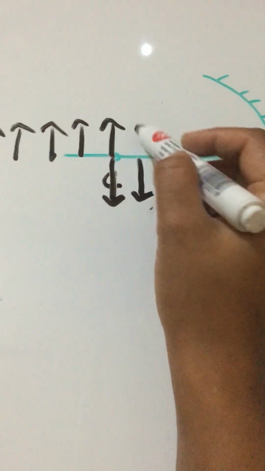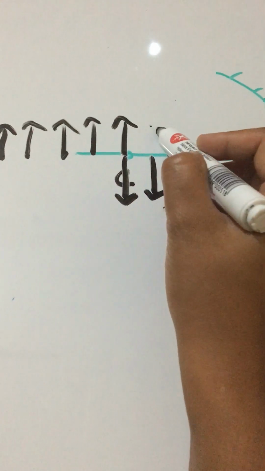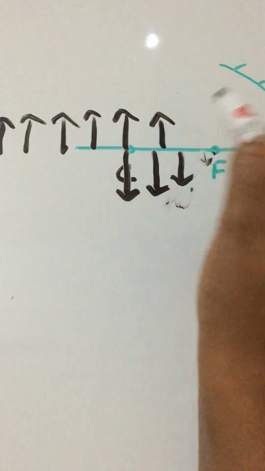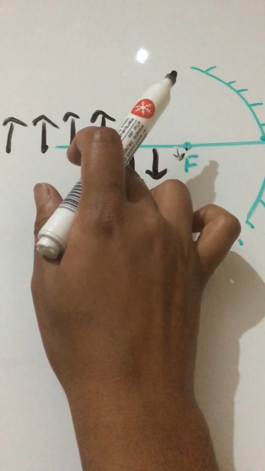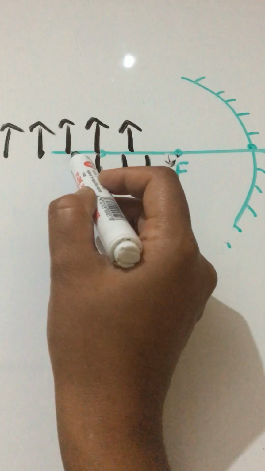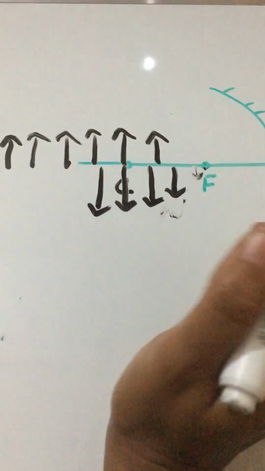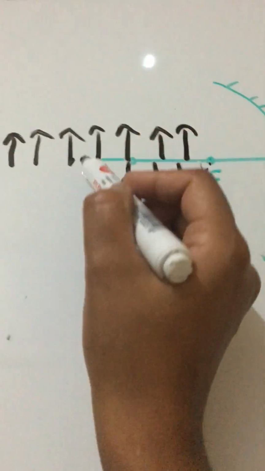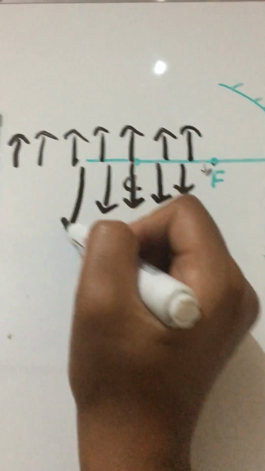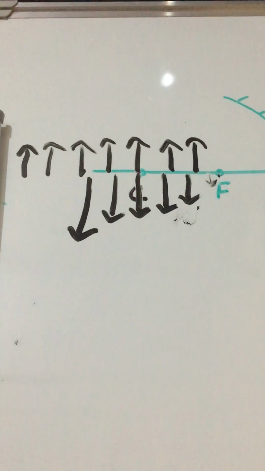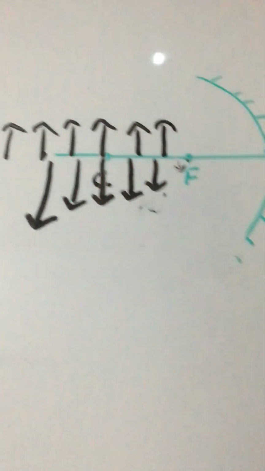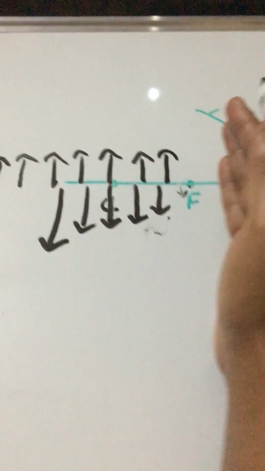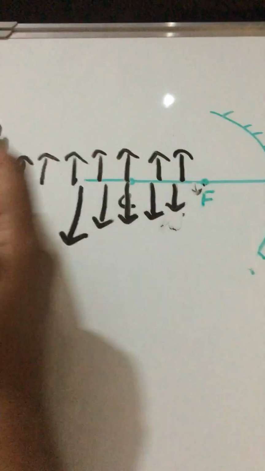Now as the object is approaching the focus, the image will keep on shifting. Nearer the object, the image will keep on shifting with increase in size. So as the object is approaching nearer, the image is shifting away from the focus with increase in size.